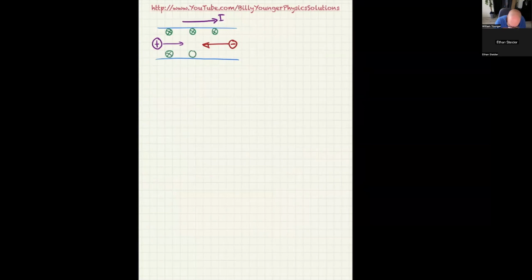Okay, so now I picture this magnetic field. Now, qv for the positive particle is definitely to the right. The magnetic field is into the page. So I turn my hand, instead of like this, like that. And I see that the magnetic field going into the page tends to make this positive particle go that way.